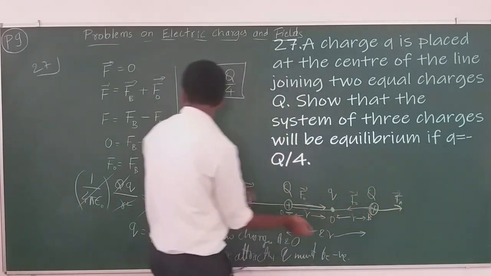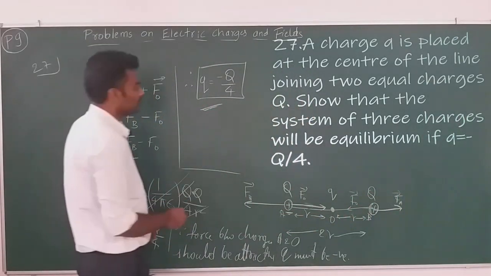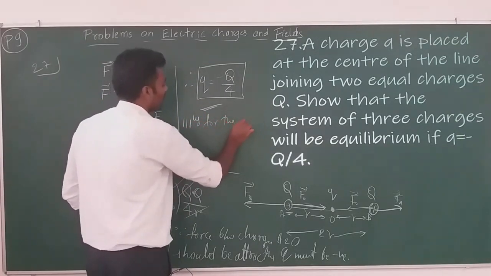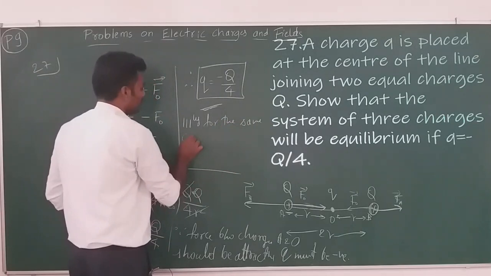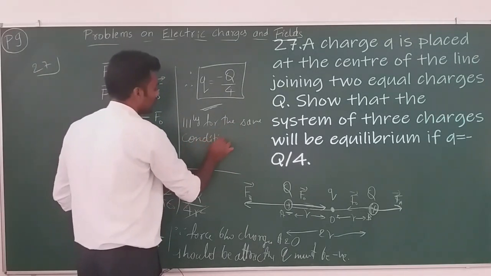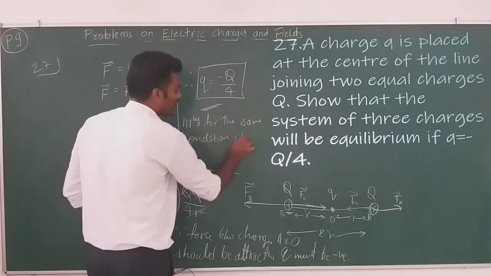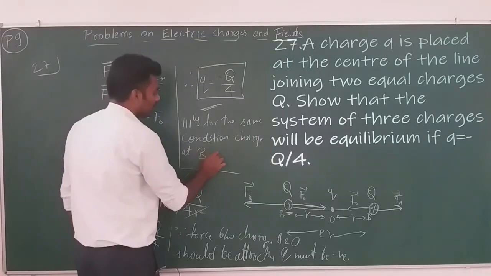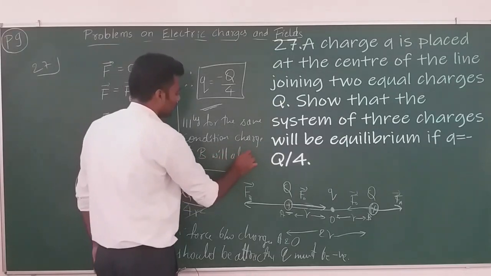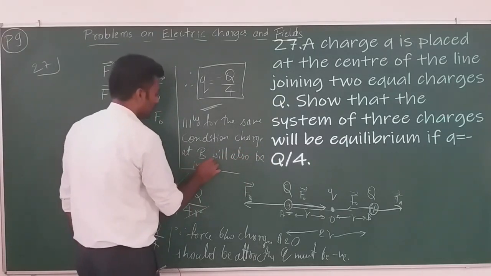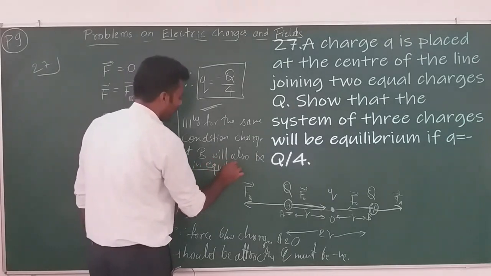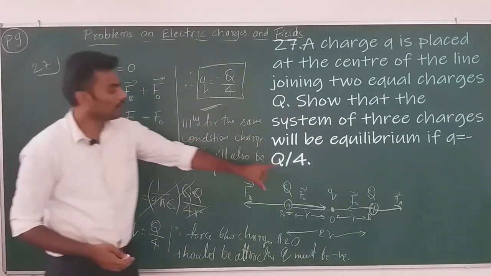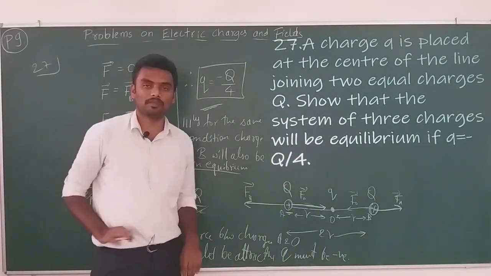No need to do the calculation once again, it's understood. For the same condition, the charge at B will also be in equilibrium. This is enough for proving that charge B will also be in equilibrium.